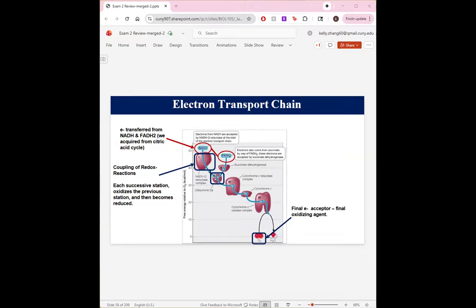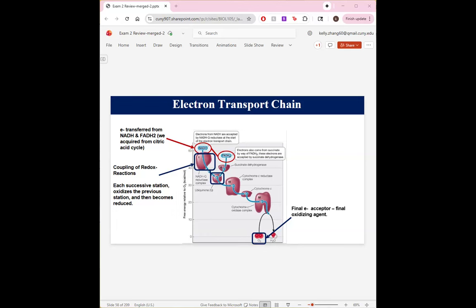After this, Q passes the electrons to complex 3, which is the cytochrome C reductase. Complex 3 then passes the electrons to cytochrome C, and then electrons pass to complex 4, cytochrome C oxidase.